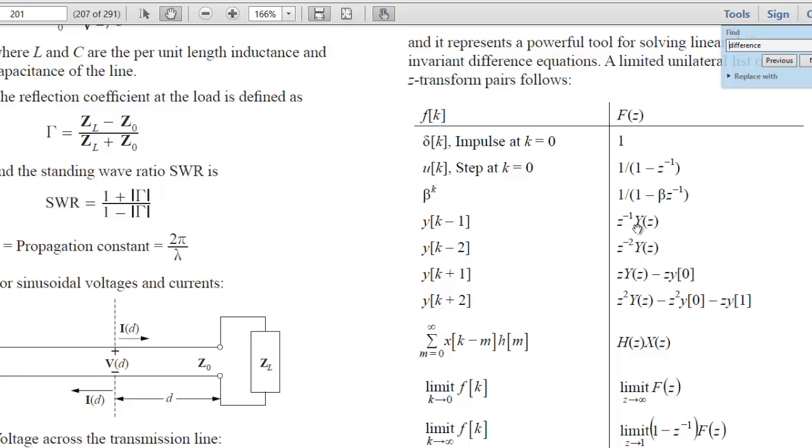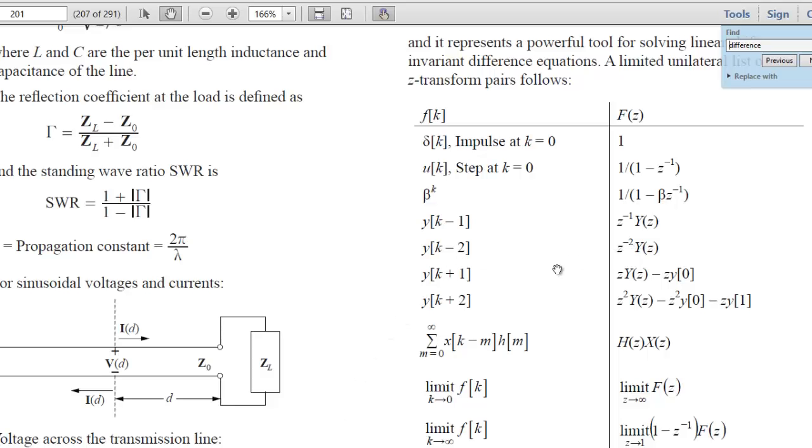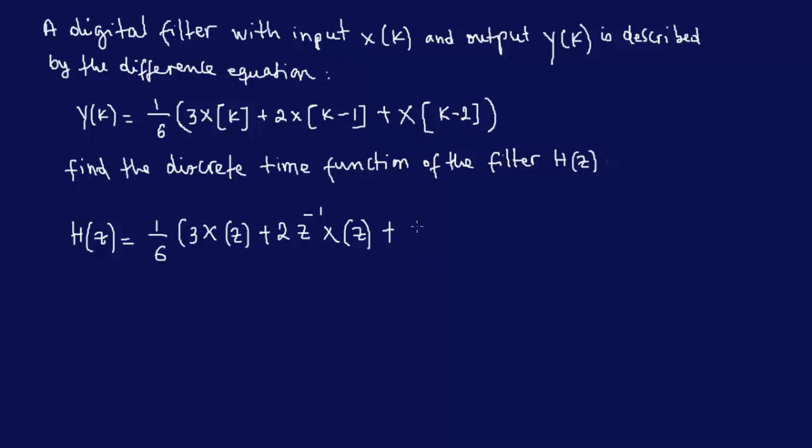So we have z to the minus 1 times x of z, plus for the k minus 2 term, we have z to the power minus 2, x of z.